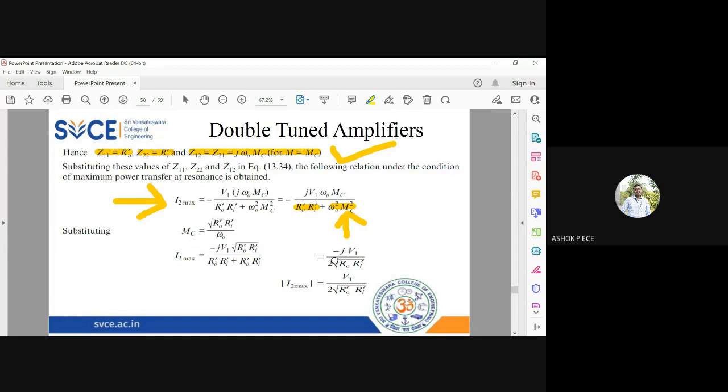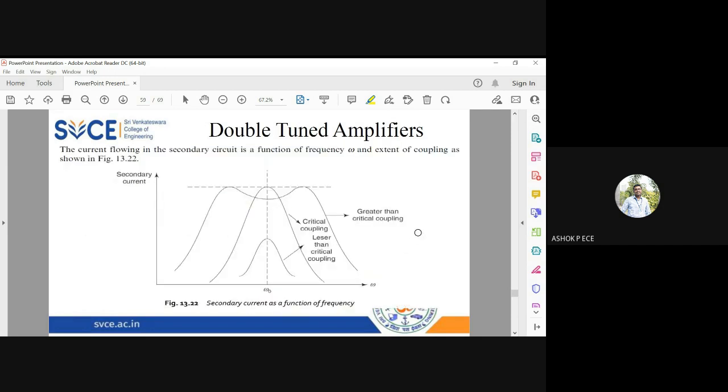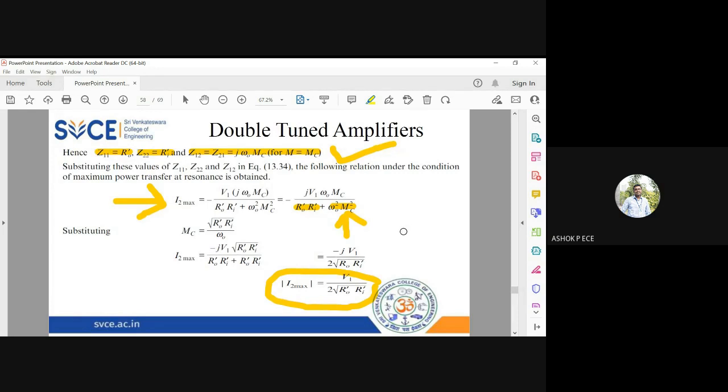So it becomes minus j V1 by 2 into square root of R naught dash into Ra dash. When you take the modulus of the maximum current, the modulus of minus j is going to be 1. So it is V1 by 2 into root of R naught dash into Ra dash. This is the value of current at resonance, substituting all the parameters.